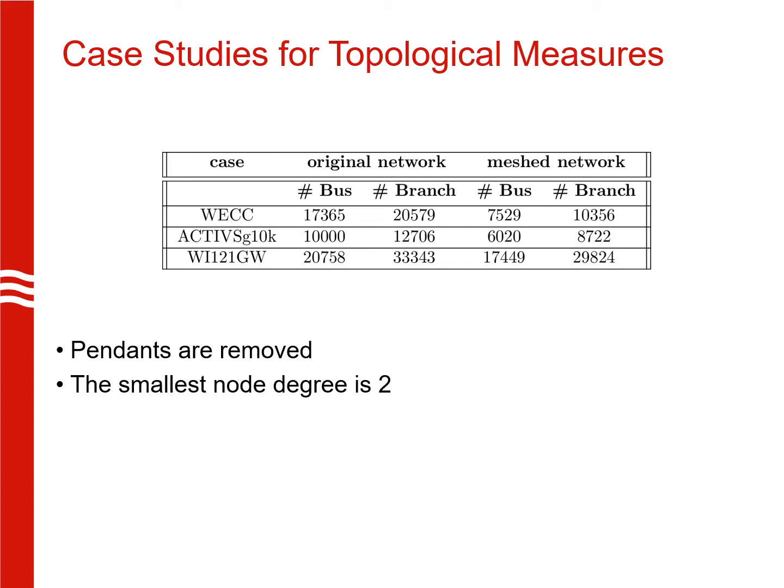With this strategy, we could generate the mesh part of the network, which mostly corresponds to the transmission side of the network. We use this mesh network for the topological measures, and for the rest of the measures we use the original network models that we had.